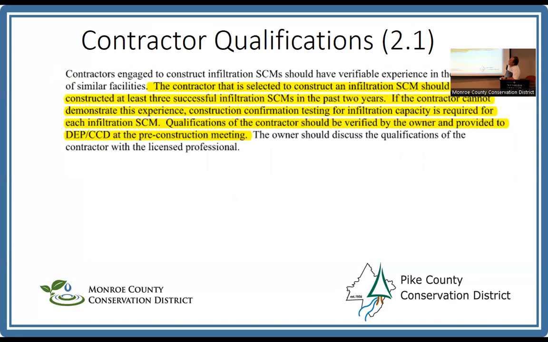Qualifications should be verified by the owner and provided to DEP, the Conservation District, at the pre-construction meeting. One of the other things that's in here that's not on a slide is the requirement that prior to pre-construction meetings, we all know about the instruments that have to get filed 45 days after permit issuance. The instrument should be filed and provided prior to the pre-construction meetings.